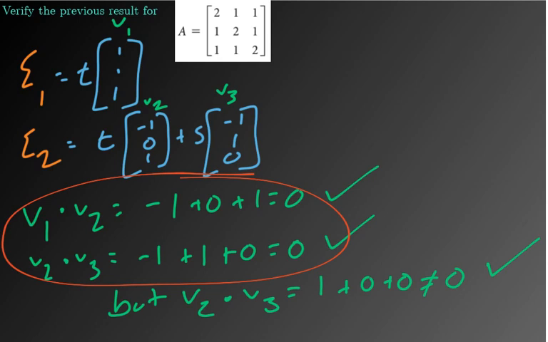This is a nice property, and it's going to tie into the proof of the spectral theorem, in the other direction. Yeah, that is an important result. If you have a symmetric matrix, then the eigenvectors of distinct eigenvalues will be perpendicular.